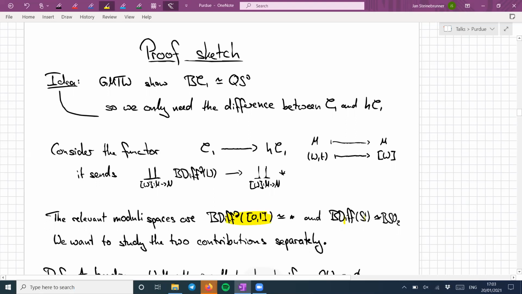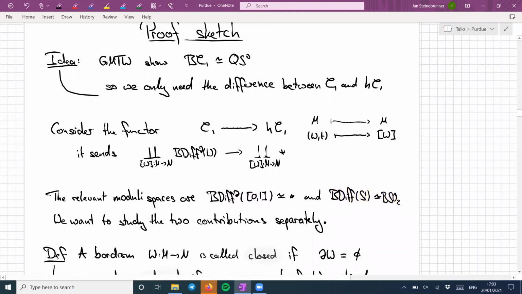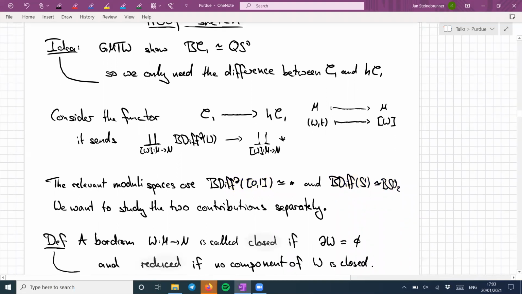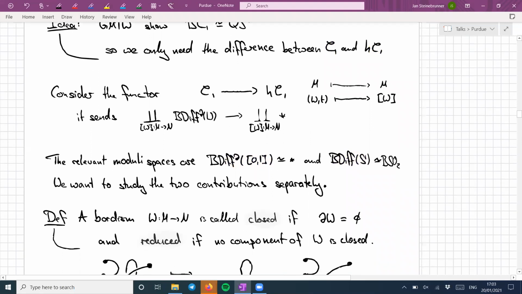On the side of the circle, I can do a bit more. A subgroup of the diffeomorphism group of the circle is the rotations, SO(2), and homotopically that's all you can do. So the moduli space here is BSO(2), so CP infinity. And now what I want to do is study these two configurations separately, because in general, as I said, there's no formula relating the topologically enriched category and the homotopy category in terms of classifying spaces.